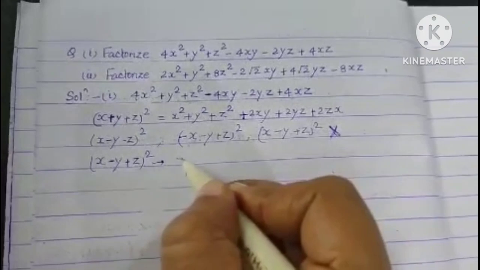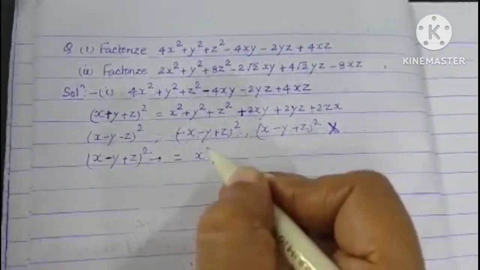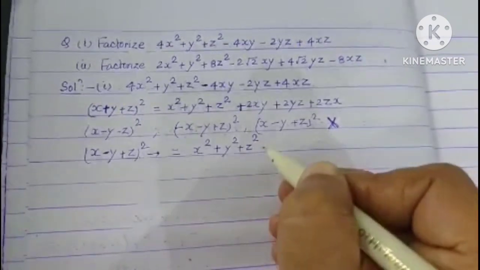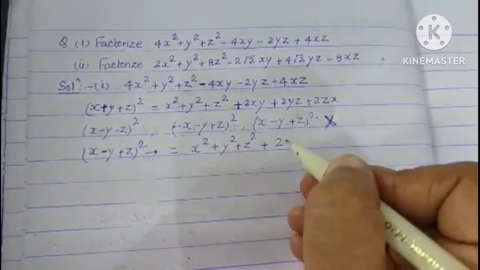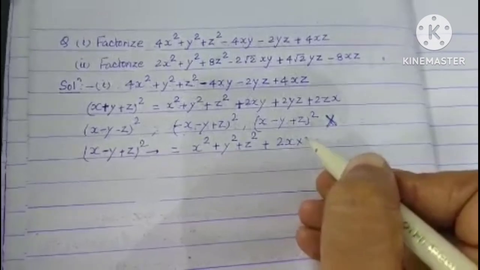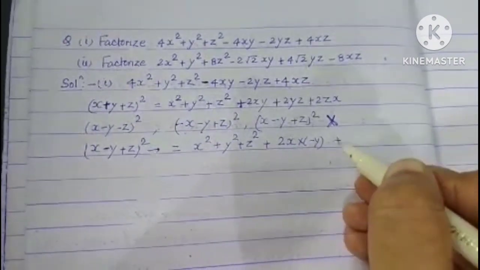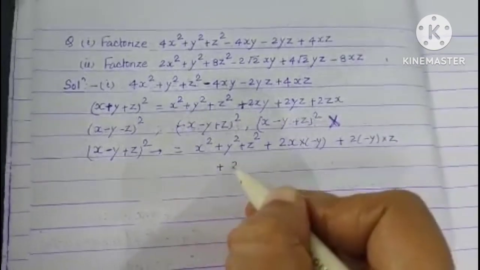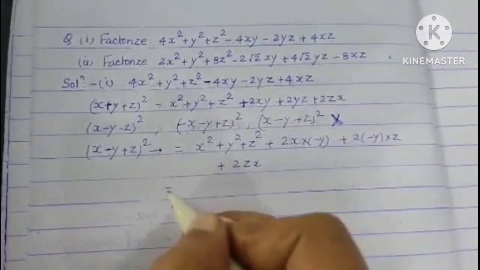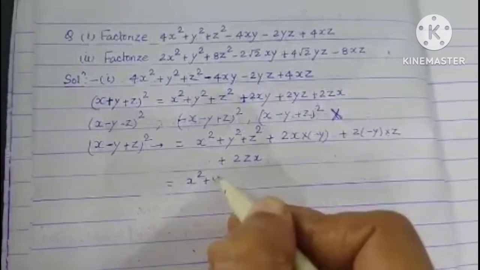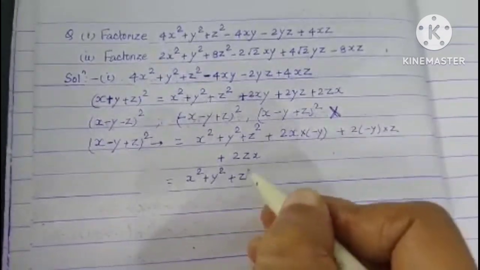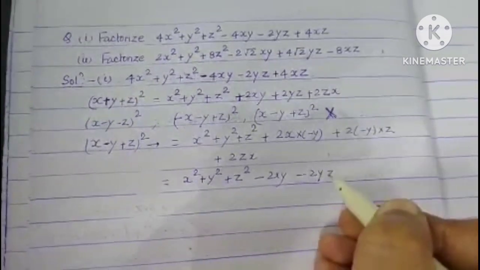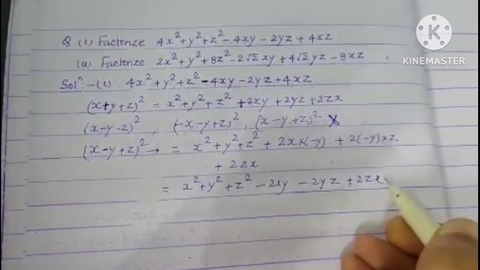If you write this one, then it will come out to be x square plus y square plus z square plus 2x into minus y plus 2 into minus y into z plus 2zx. That will be equal to x square plus y square plus z square minus 2xy minus 2yz plus 2zx.